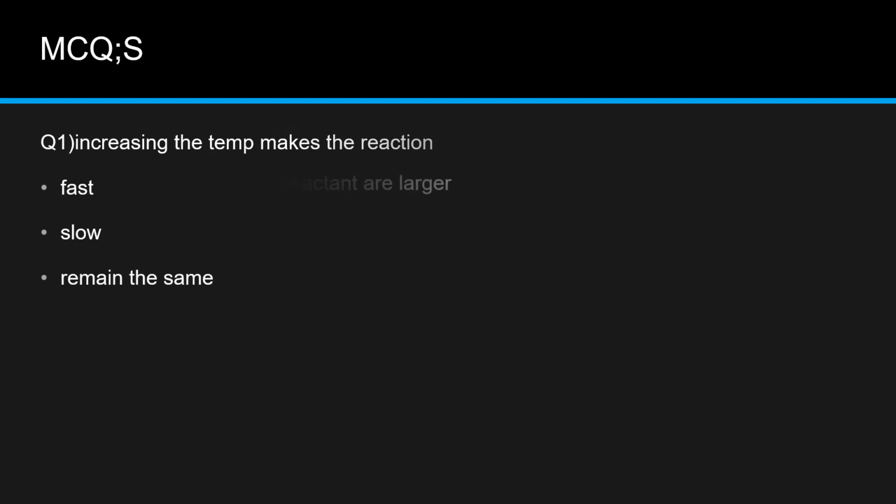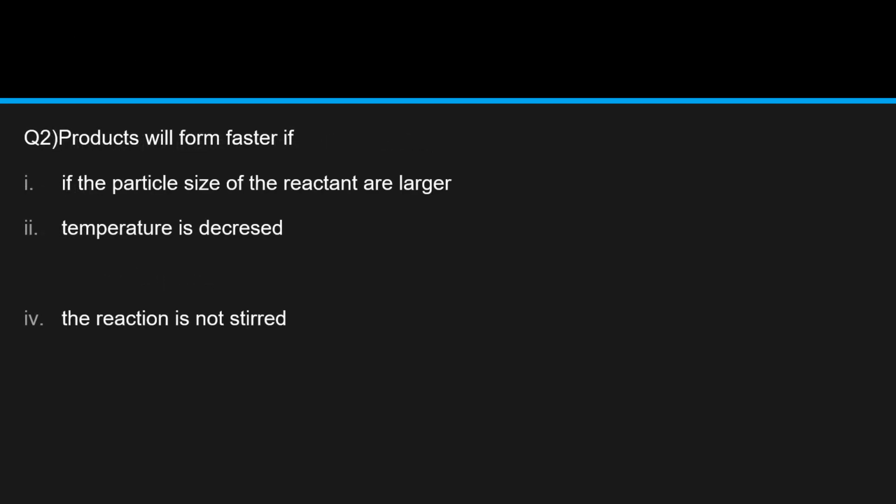Now let's go to the second question. Products will form faster if the particle size of the reactants is larger, the temperature is decreased, the concentration of the reactants is increased, or the reaction is not stirred. The actual answer is if the concentration of the reactants is increased, the product will form faster.